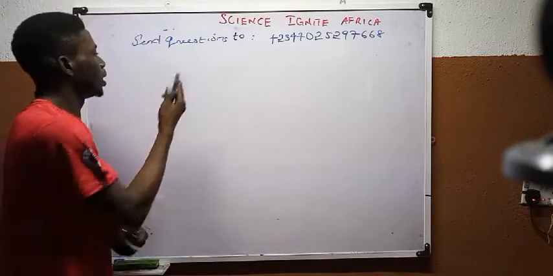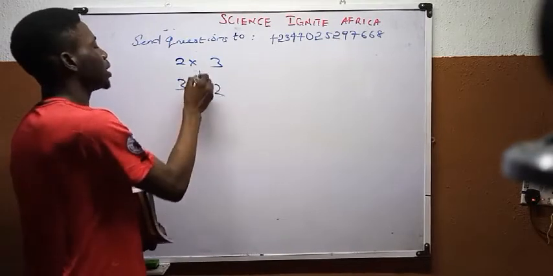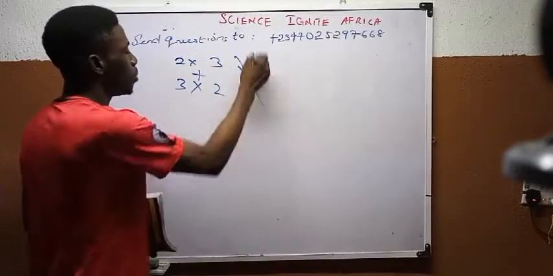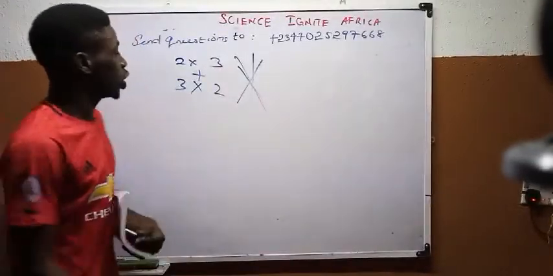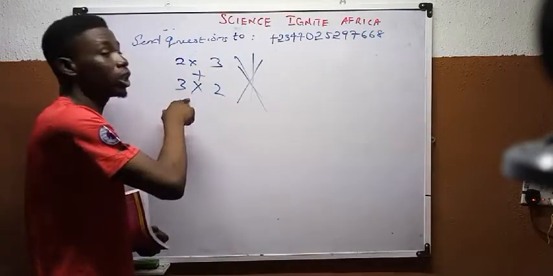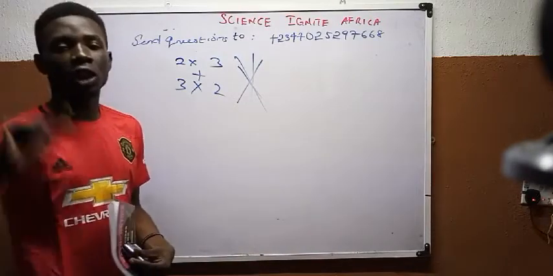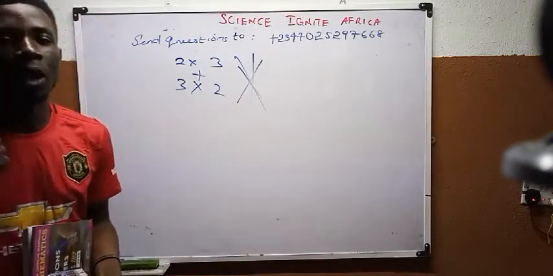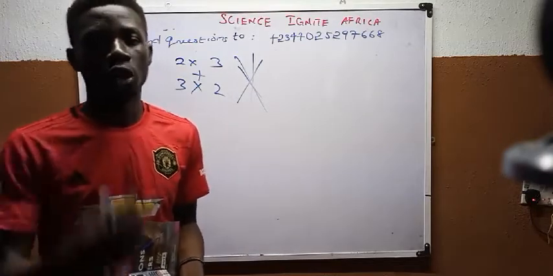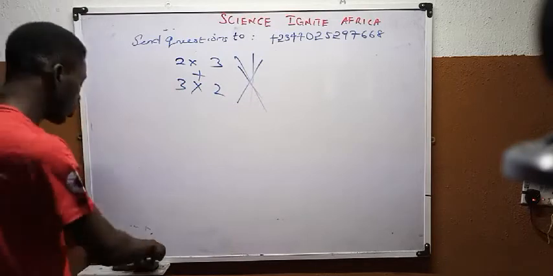They are two different things entirely. Their addition is impossible, because this one has 2 rows and 3 columns, but this one has 3 rows and 2 columns. So one of the first things you must take note of before you can perform addition or subtraction in matrices is that the dimension must be the same.